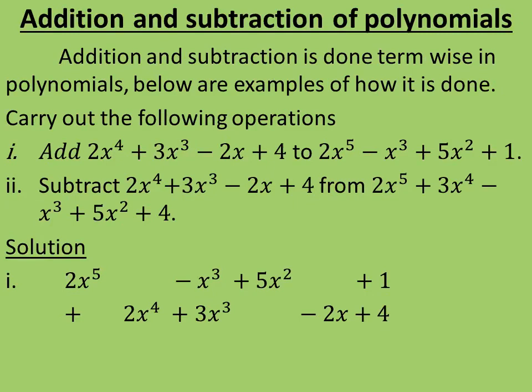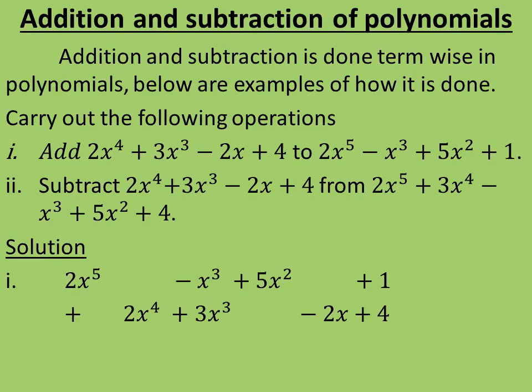And again, in our second equation, which is 2x raised to power 4 plus 3x raised to power 3 minus 2x plus 4, there is no term in power of 5, and there is no term in power of 2. So that is why the space is being left, because there is nothing there.